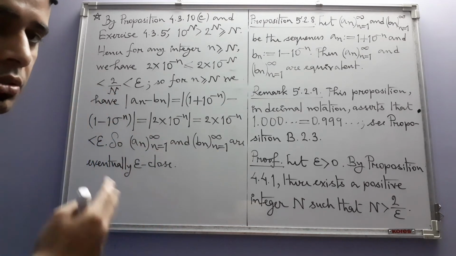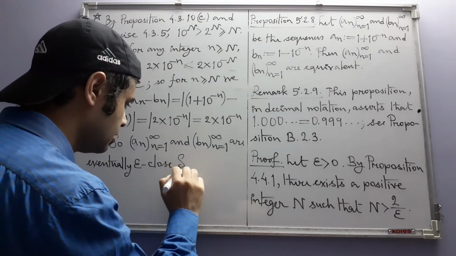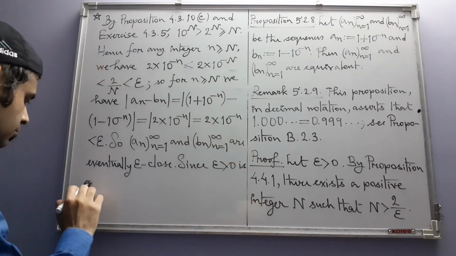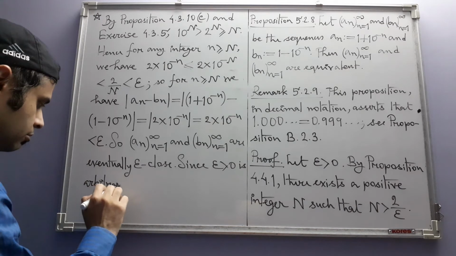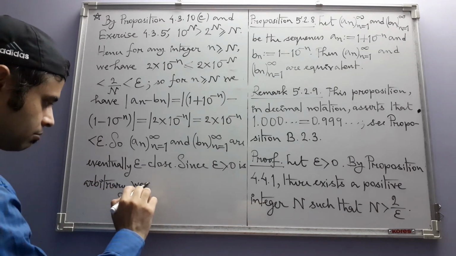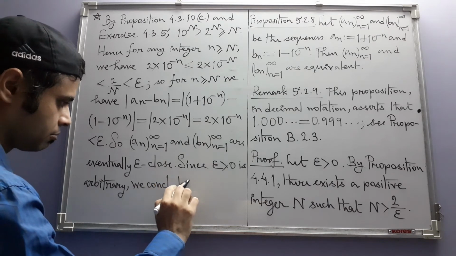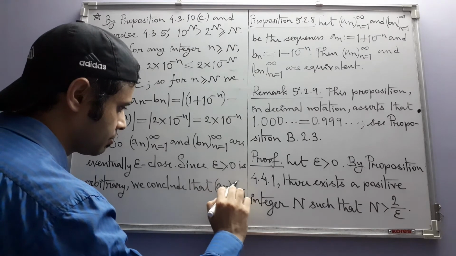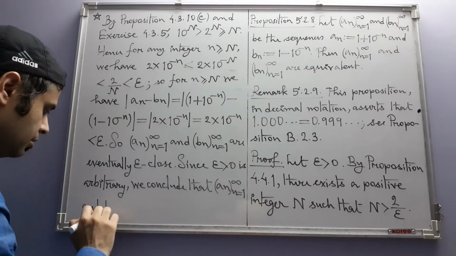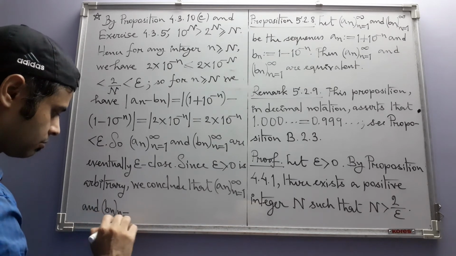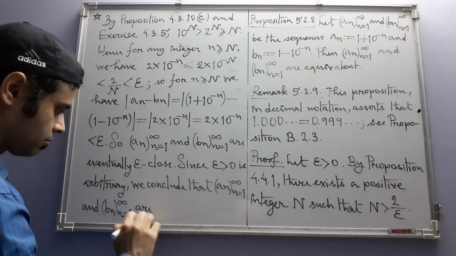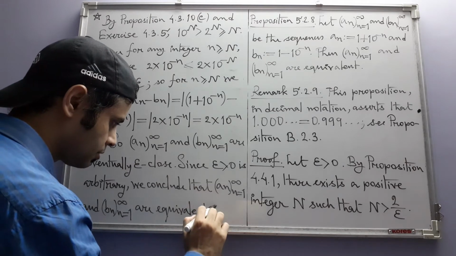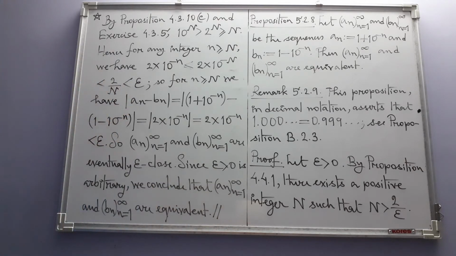But the epsilon we chose was arbitrary, since this is arbitrary, we conclude that the sequences a_n and b_n are equivalent. That's what we wanted to prove, so this completes the proof.